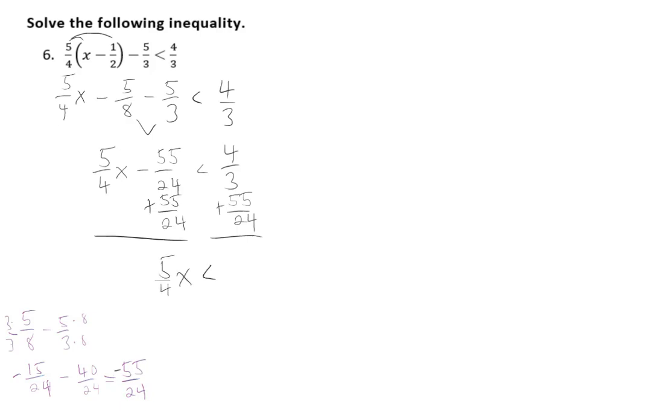But on the right side, we have 4/3 plus 55 over 24. So we'll need to multiply this by 8, and that would give us 32 over 24 plus 55 over 24. Both these are positive, so this is 87 over 24.